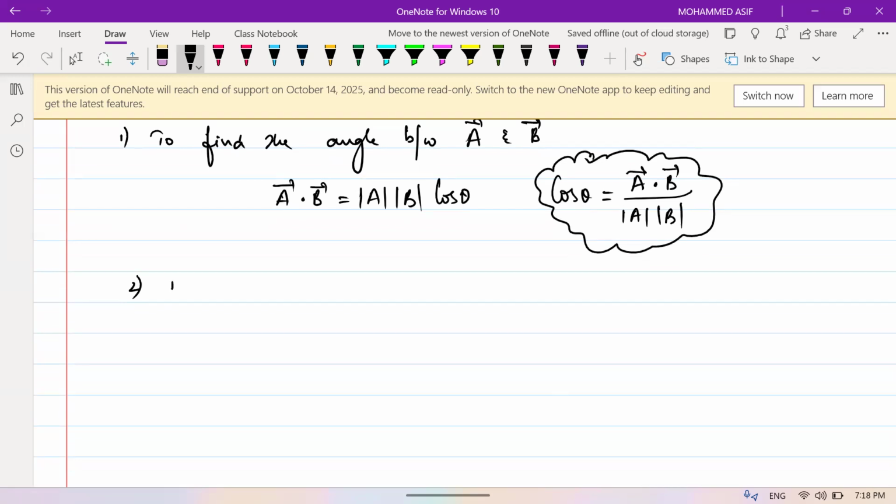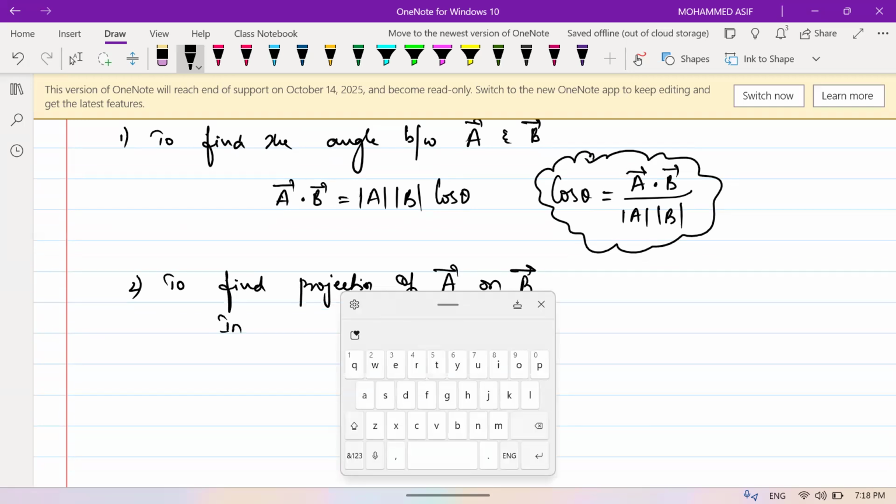To find the projection of A bar on B bar, in scalar form I'm doing first.